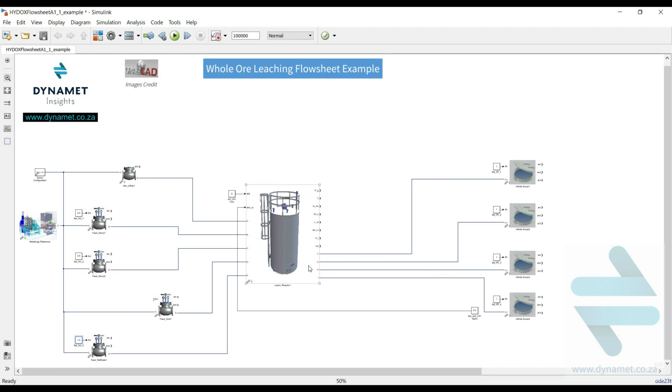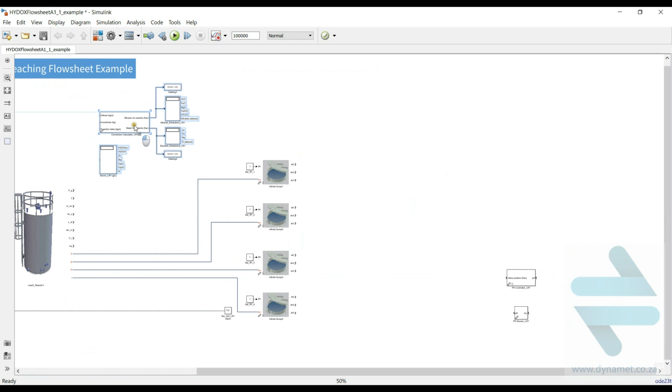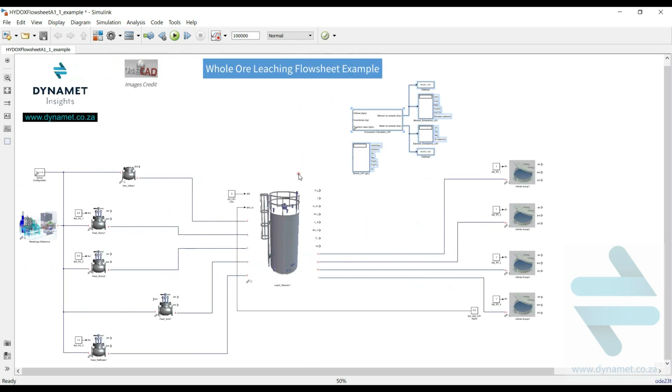Now we can add our cumulative mineral and metal extractions calculator, which I've already set up. Because we have those two slurry feeds, we have to use a standard Simulink math operator addition block to add their signals together.